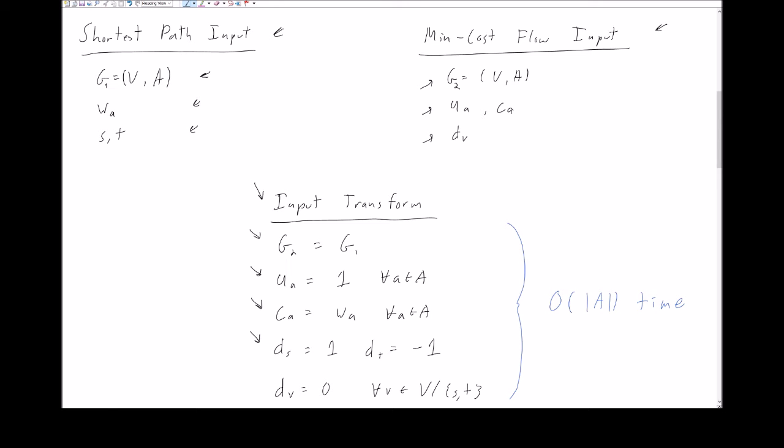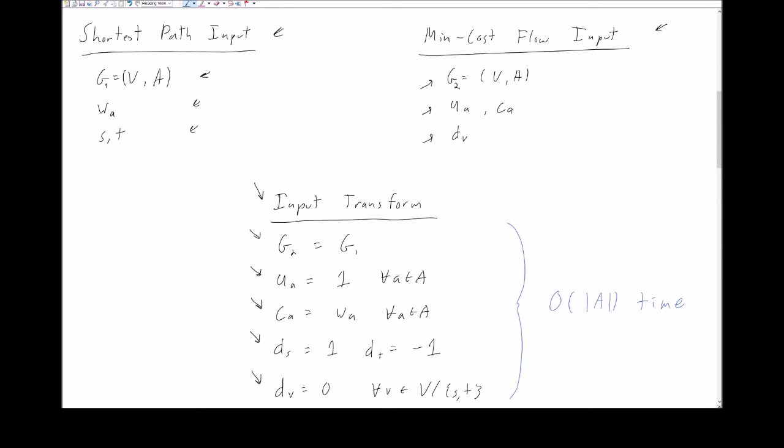We set the demand at node S equal to 1 and the demand at node T equal to -1. We set the demand at every other node equal to 0. Recall that this demand structure effectively allows us to push 1 unit of flow from S to T, and because all the capacities on the arcs are equal to 1, the flow forms a path in this graph.